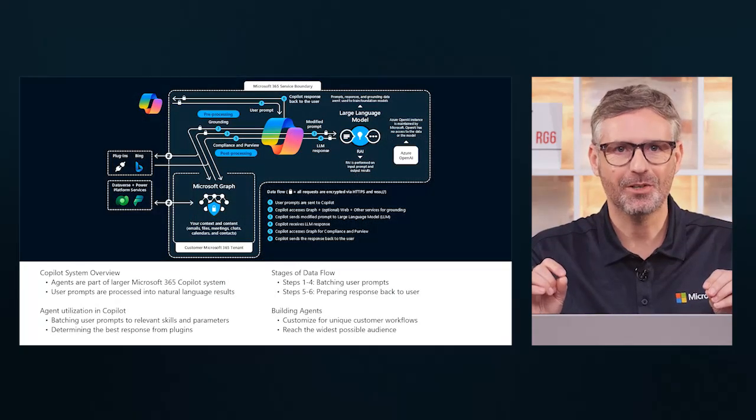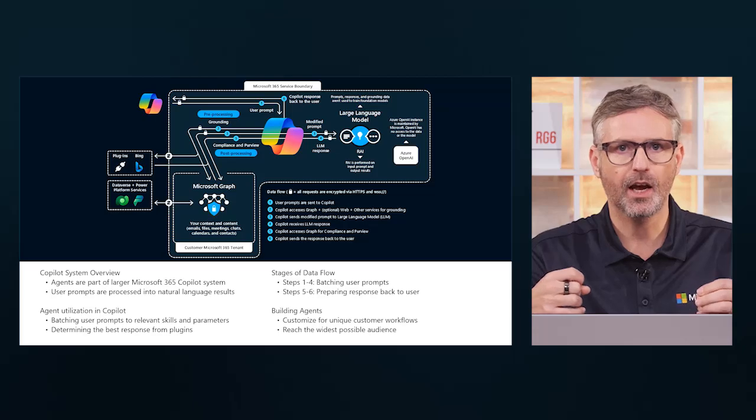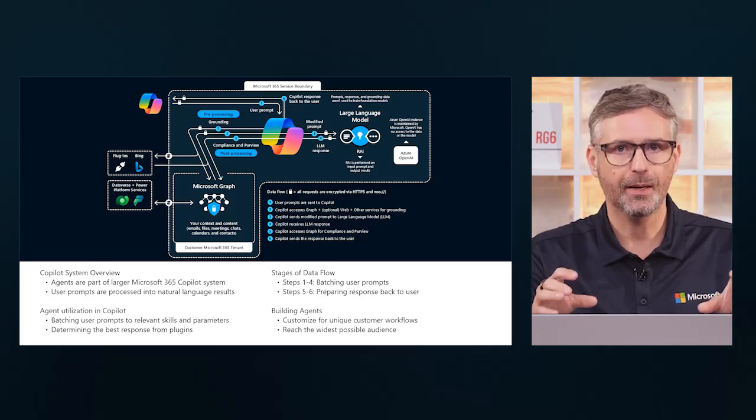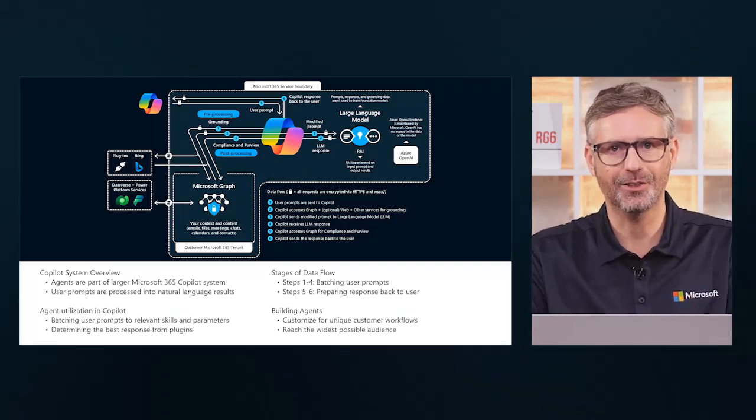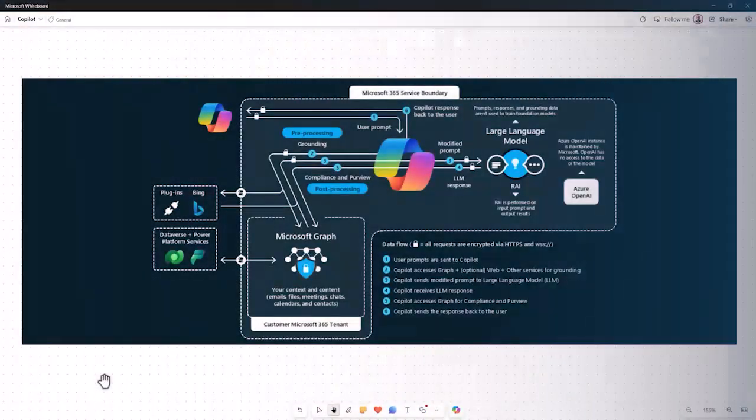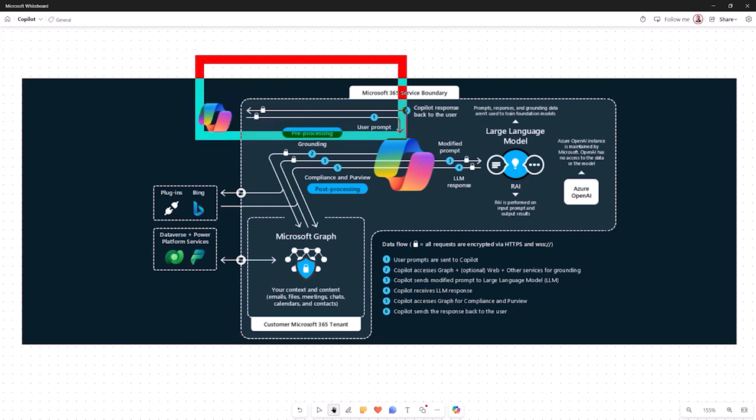Now, let me share my screen with you because I want to explain the process, components, and boundaries of the Microsoft 365 Copilot. Now that we are talking about the Microsoft 365 Copilot architecture and boundaries, you can see here in this image that by default, this is the Copilot boundary.